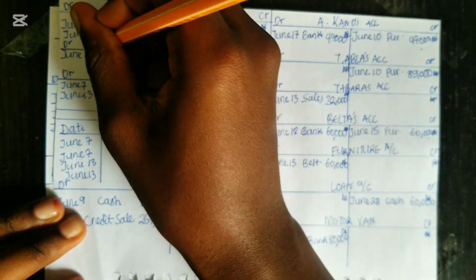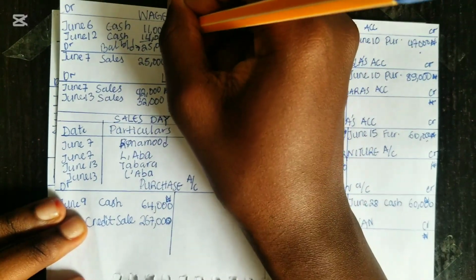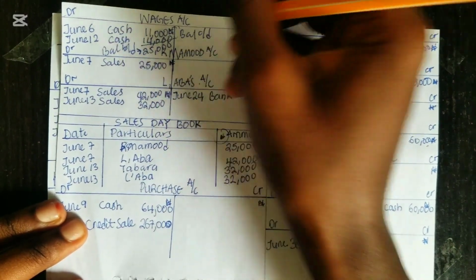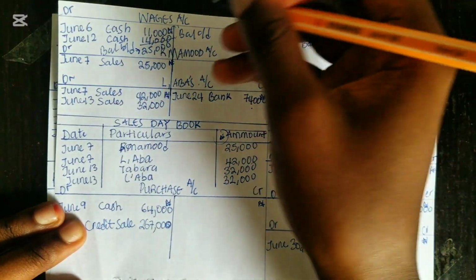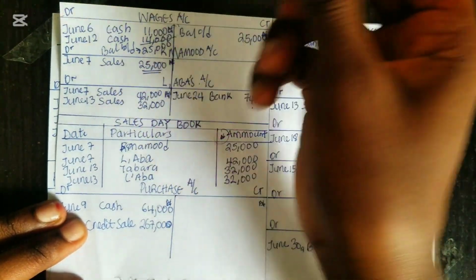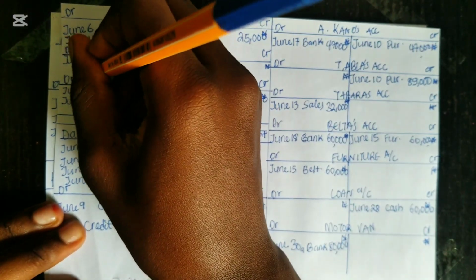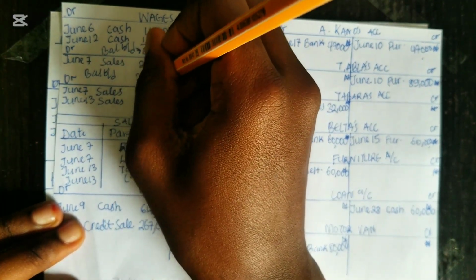Because of space, this is already our balance brought down, because here will be balance carried down. Do we understand? 25,000. So here in K Mahmood's account, 25,000. Because of space, also our balance brought down is 25,000.